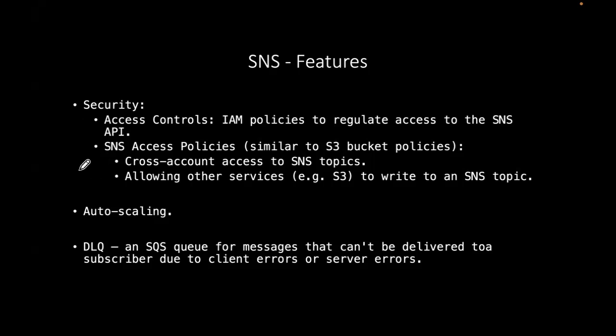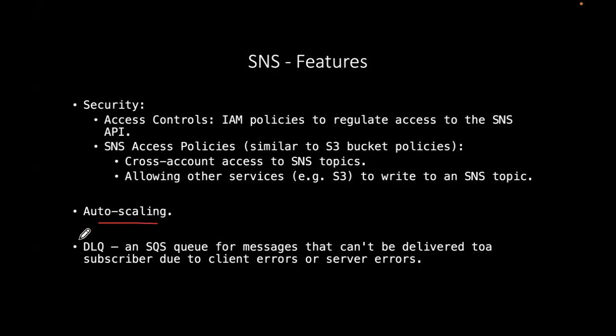But it's all the usual kind of security stuff, which is central to AWS, as you know. By auto scaling here, I simply mean that your topics can scale up as much as you want them to. So the volume of messages that are being written to an SNS topic is quote unquote infinite.